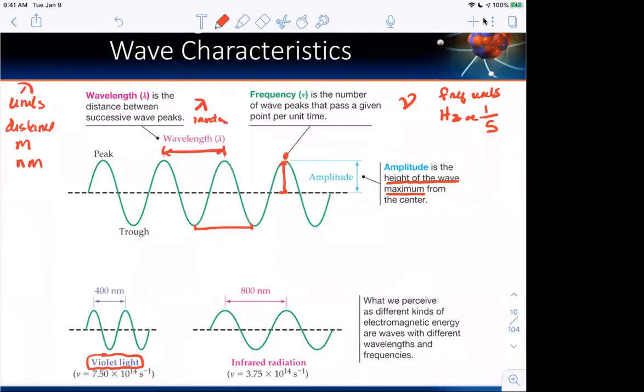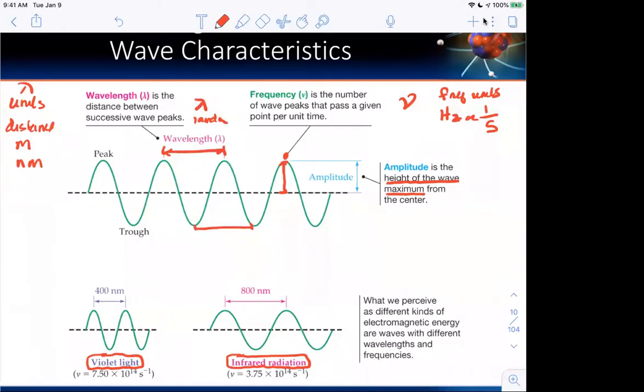If I look at infrared, that's on a different part of the electromagnetic radiation spectrum. Remember, infrared is good for heat signatures, and it's not visible unless you use infrared cameras or infrared goggles, that kind of thing. Notice it has a longer wavelength.